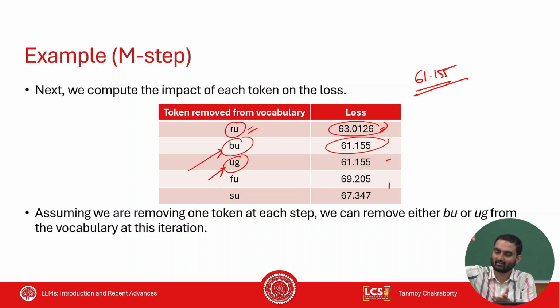And again we choose the best candidate token whose removal will not impact the overall loss, and we keep on doing this. We keep on removing tokens from the vocabulary until it reaches a predefined size that you determined at the beginning.